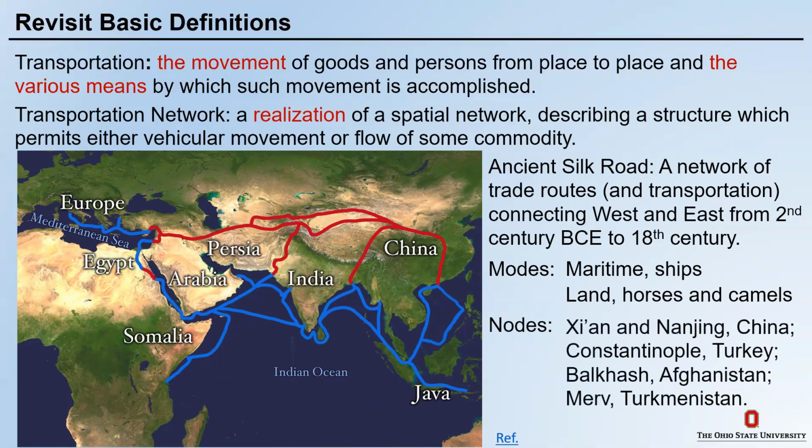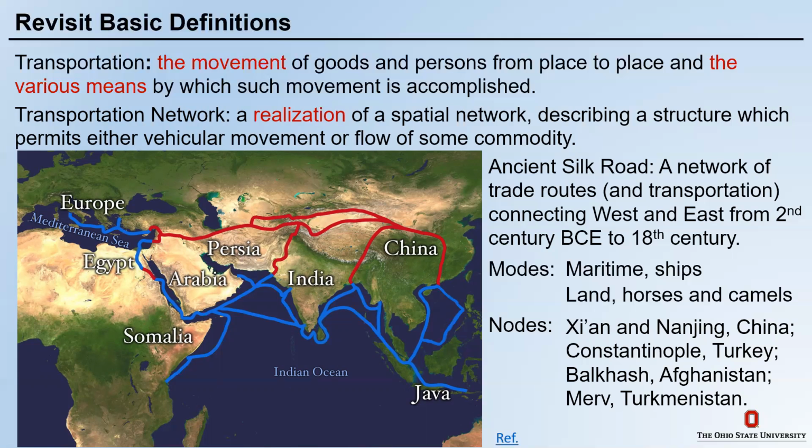So nodes were big cities in ancient times. For example, in China, Xi'an and Nanjing used to be big cities on the Asian Silk Road, and they're still very big cities now in China. And in Turkey, that very famous city, Constantinople.